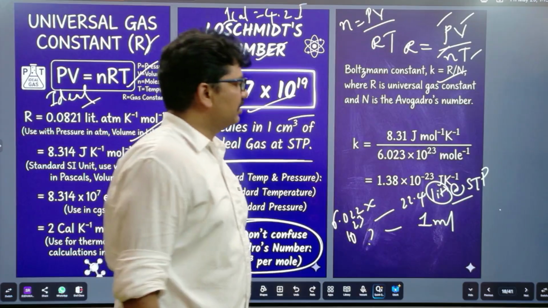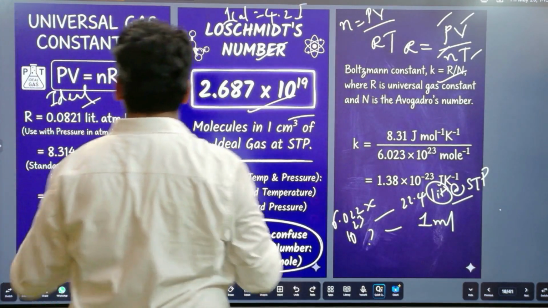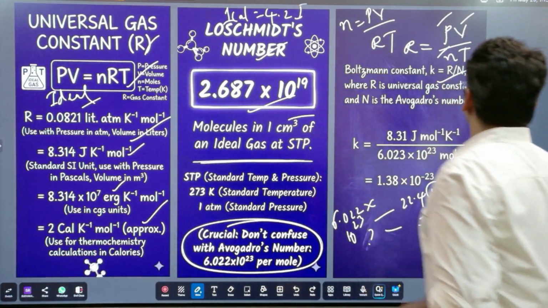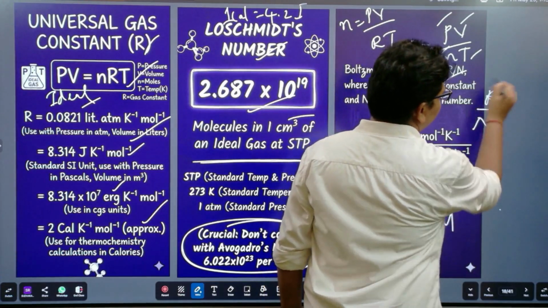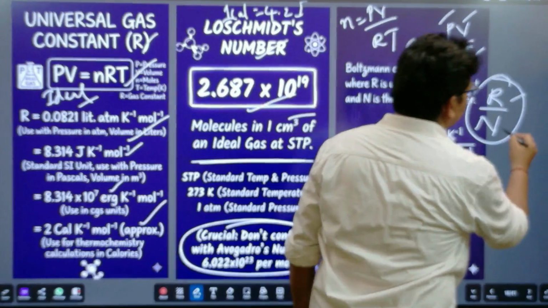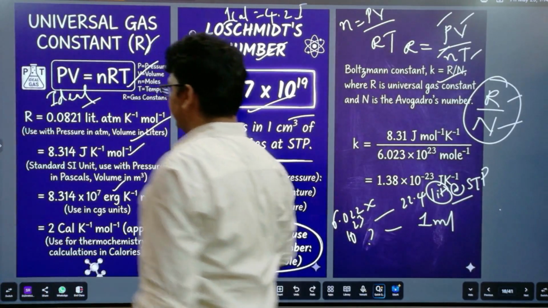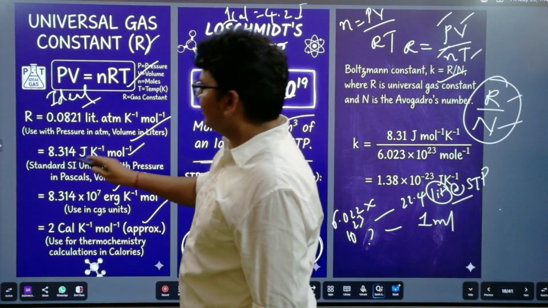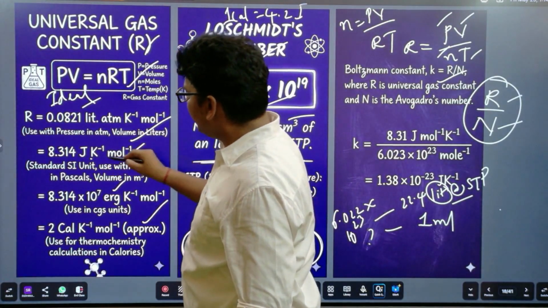Coming to Boltzmann constant. So we know universal gas constant R. What is this Boltzmann constant? R by N is the Boltzmann constant. R is the universal gas constant and N is the Avogadro number. See this unit. Universal gas constant units are 8.314 joules per Kelvin mole.